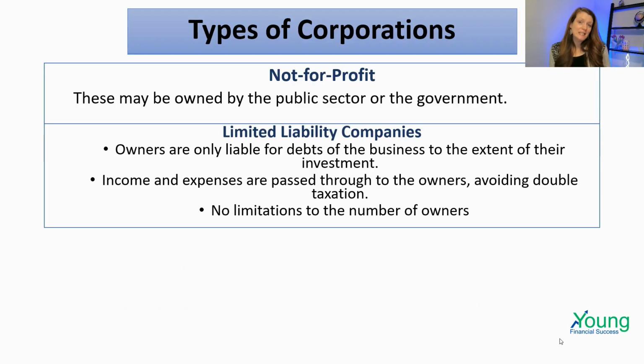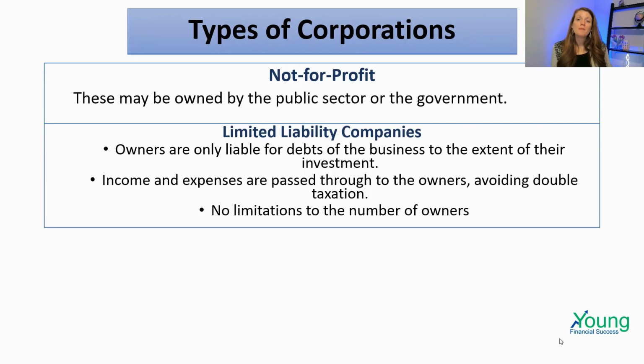So LLCs, limited liability companies, you've probably seen businesses before that end with LLC. This is where the owners are only liable for debts of the business to the extent of their own investment. So you can protect your business, and you can protect your own assets by putting your business in an LLC, in a limited liability corporation or company.